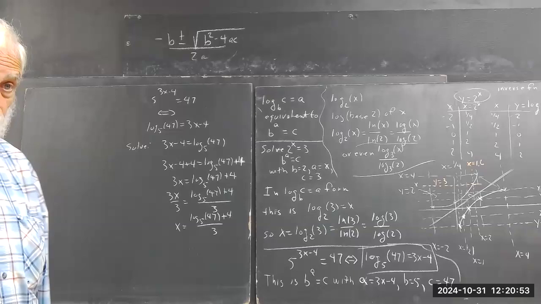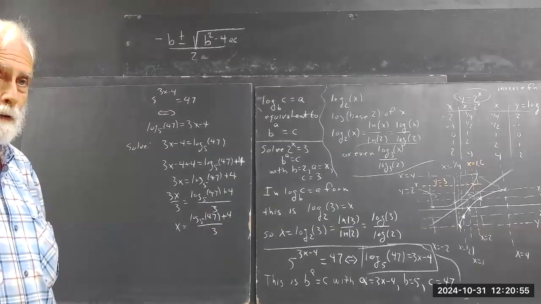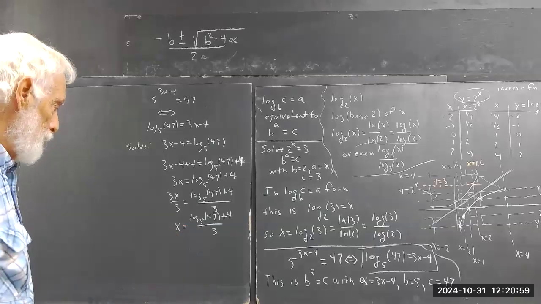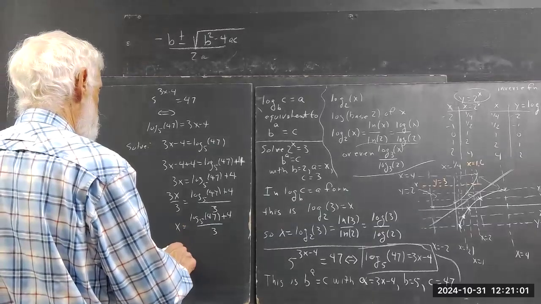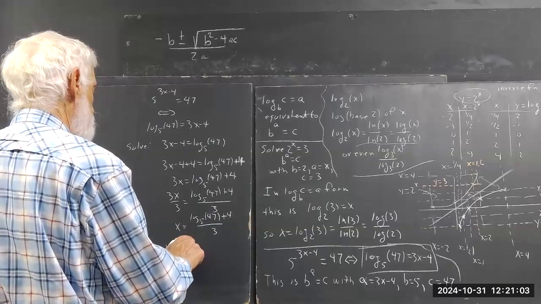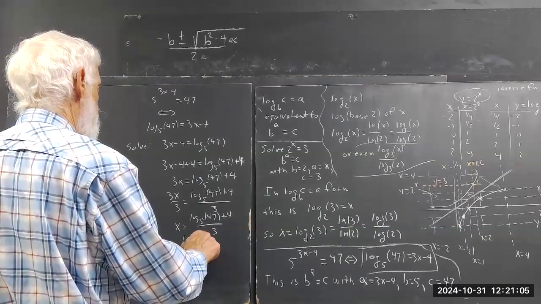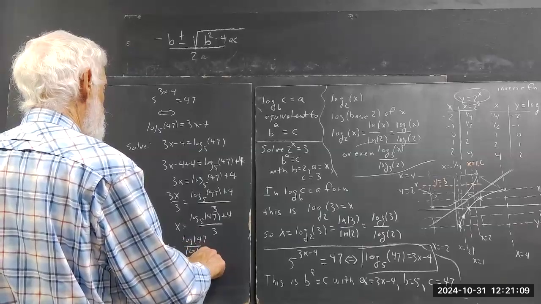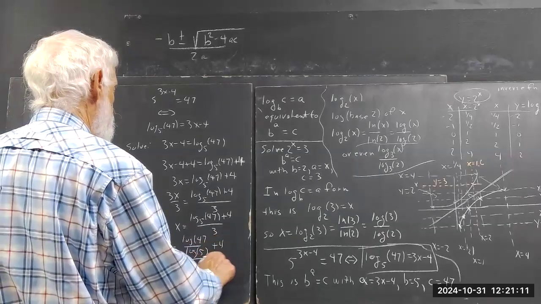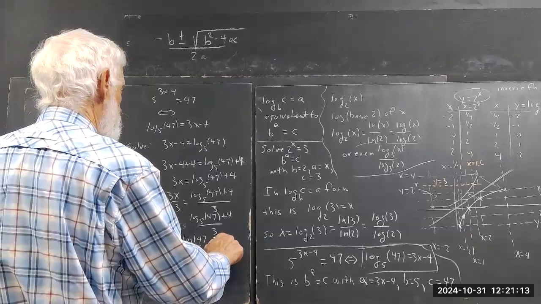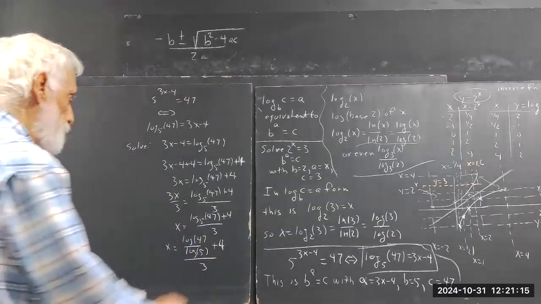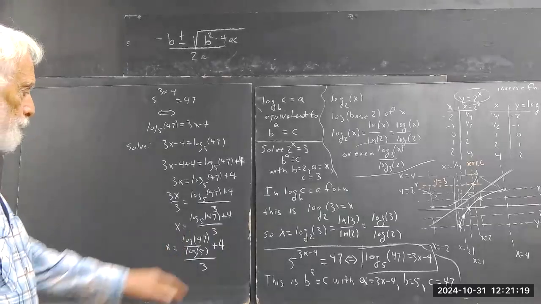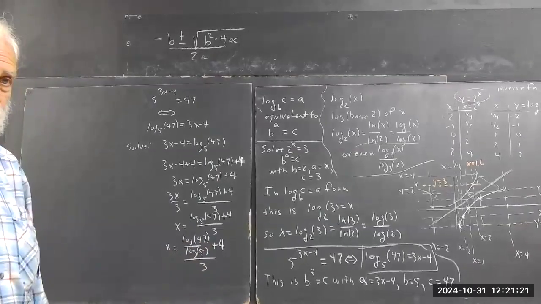Now, if you want the number, you go to your calculator. I guess we could write one more step: x equals log 47 over log 5 plus 4, all divided by 3.